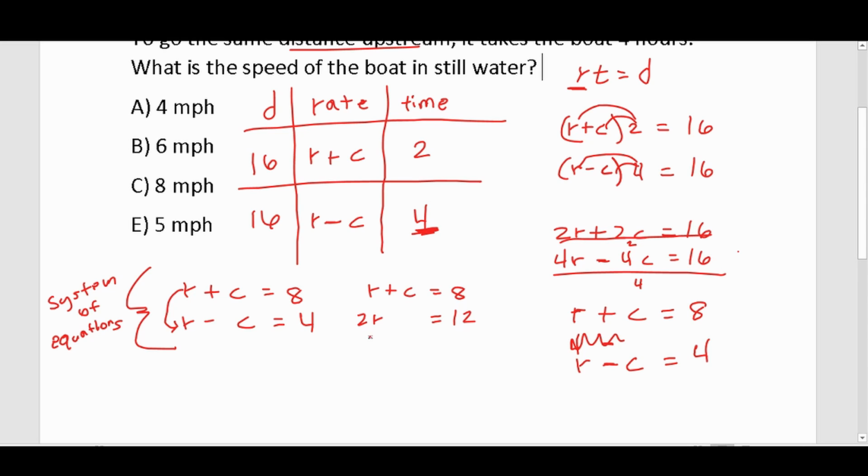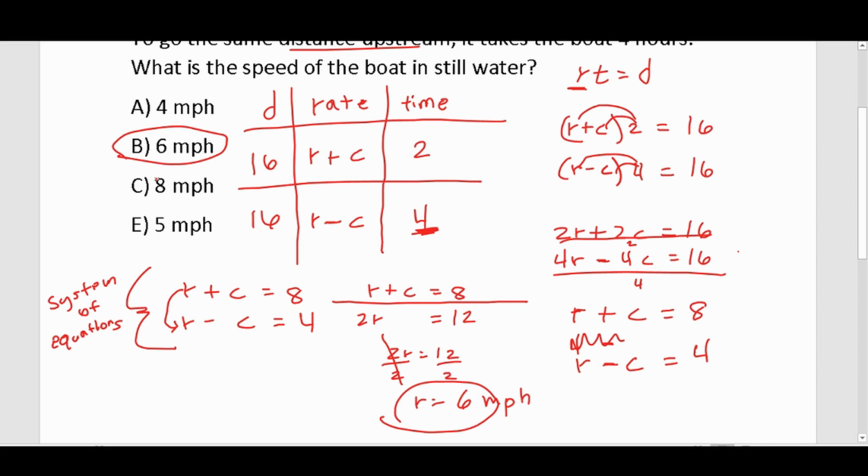Now I can actually solve for the rate. So let's focus on this second equation. We have 2R equals 12. We can divide both sides by 2. This crosses out. We're left with R equals 12 divided by 2, which is 6. So we know the rate at which the boat is traveling in still water is 6 miles per hour.